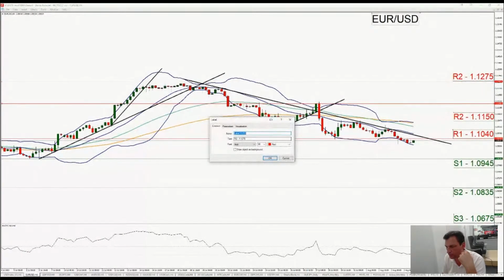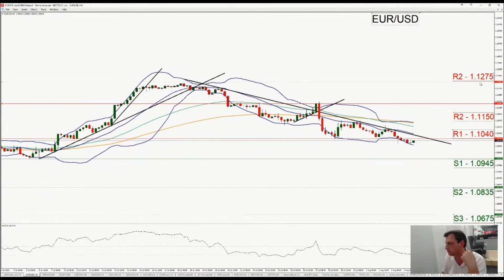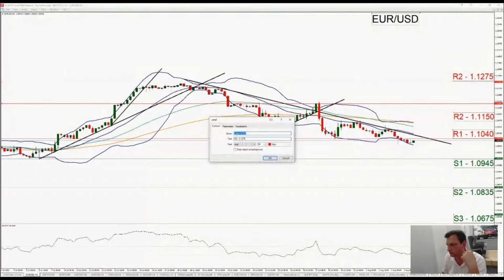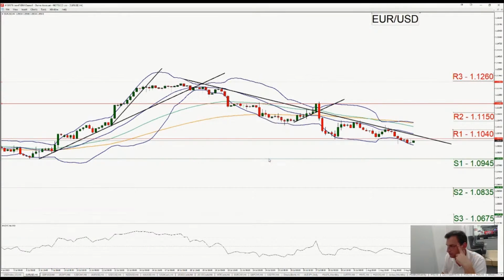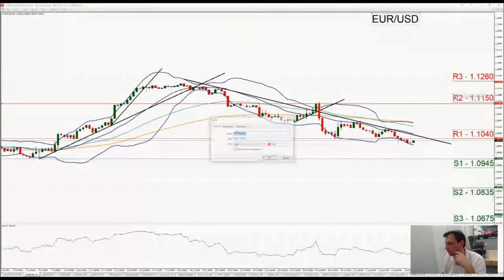At 1.12. 62. 60. 1140. Now, on the fundamental side, the sentiment for the euro area is not that good.